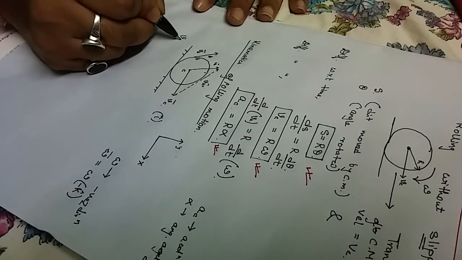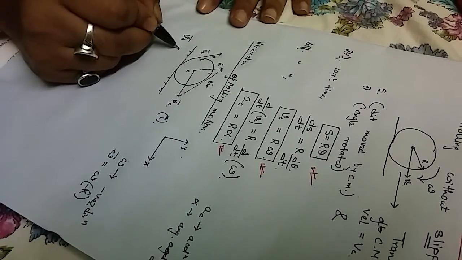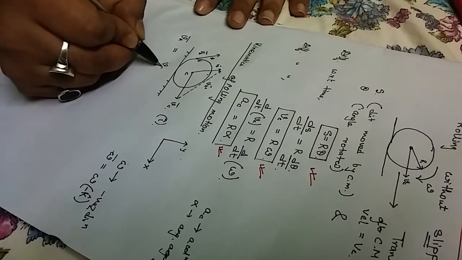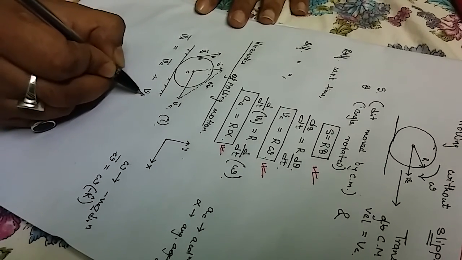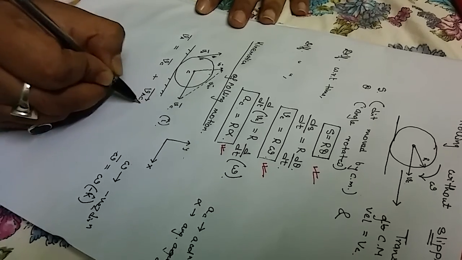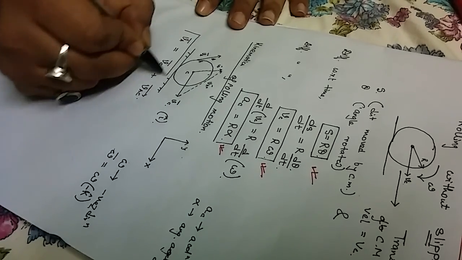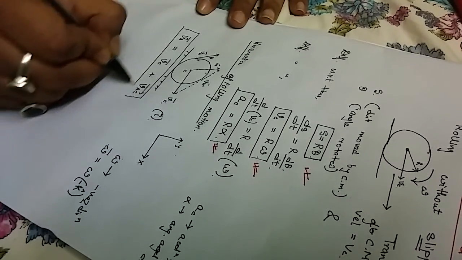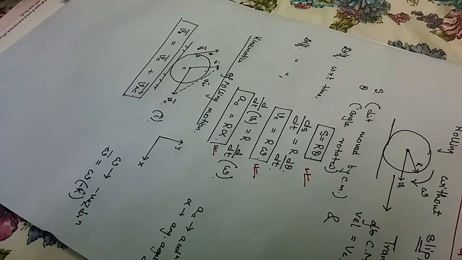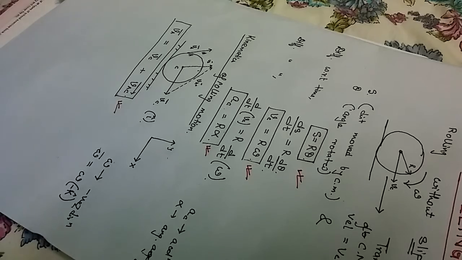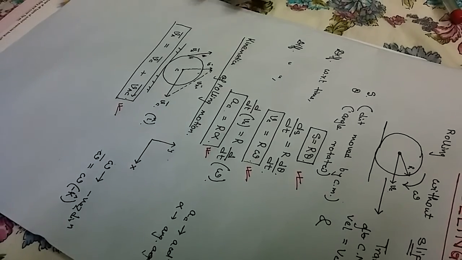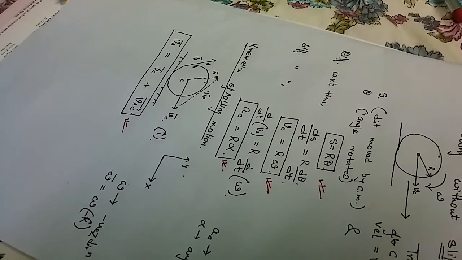So the velocity of any point, VA, is given by the vector sum of VC plus the velocity of A with respect to C. Please keep in mind this equation, which helps us find the velocity of any point when we are given the velocity of the center of mass.